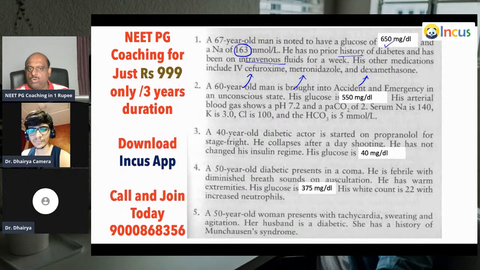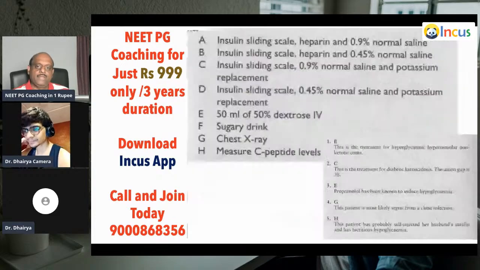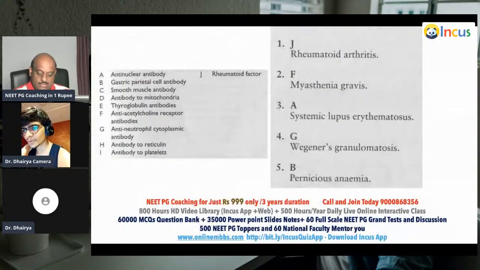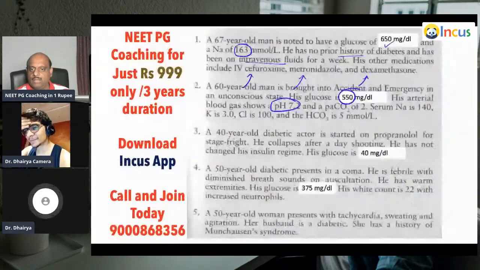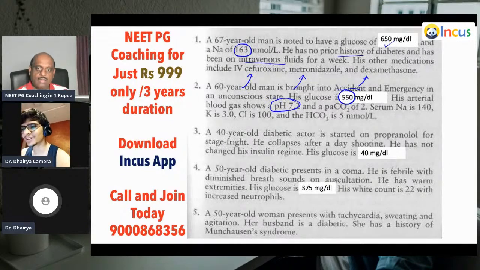Now, 60-year-old, his glucose is 550 and pH is 7.2. Now this patient who has come with a pH of 7.2 and a glucose of 550, we don't need much more than this. This patient is most likely a diabetic ketoacidosis.